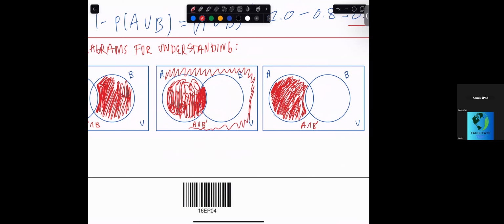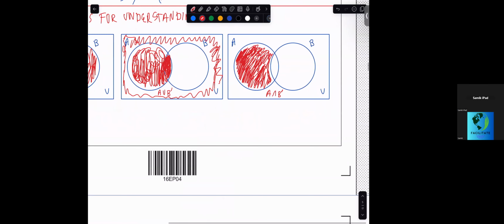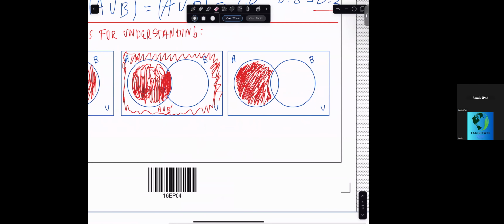Outside is also colored. I wish I could color this a little bit more nicely, but that's how it is. So that's what this means. And yeah, that's essentially that. And then I can do another combination just for a little bit more understanding.